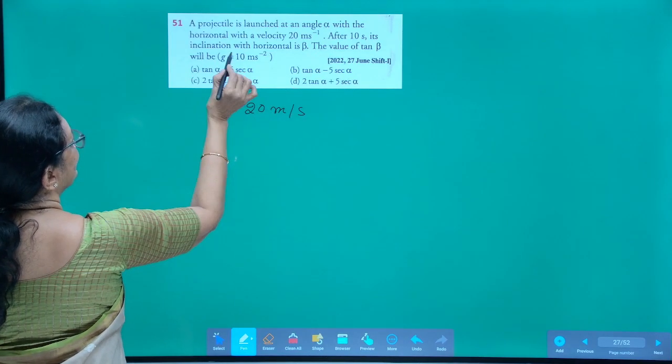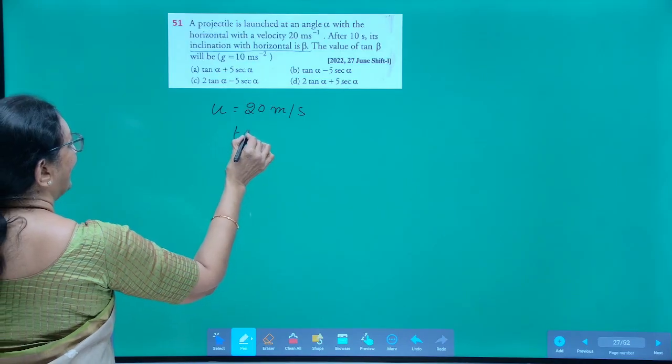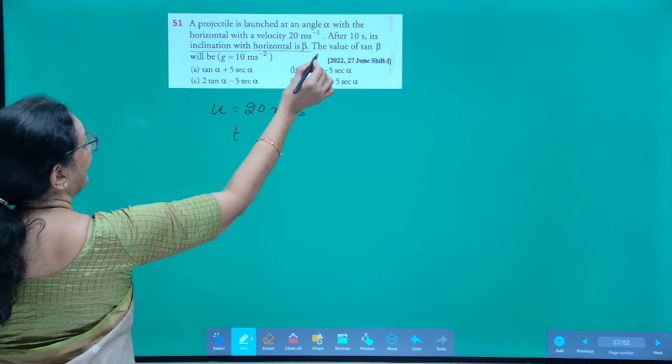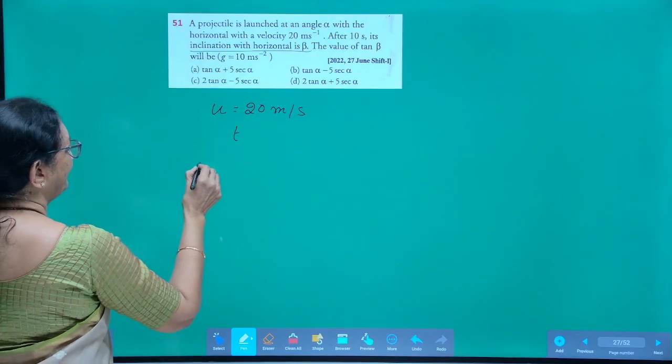After 10 seconds, its inclination with the horizontal is beta. At time t, the angle made by the projectile with the horizontal is beta.